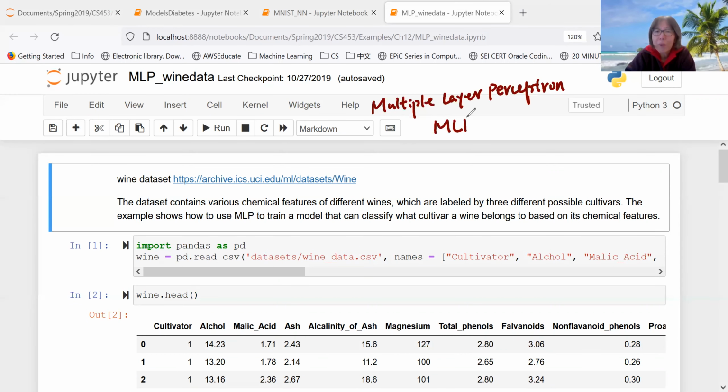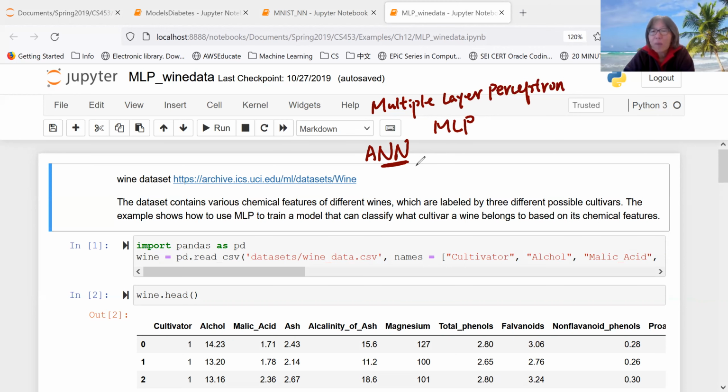So MLP, we may see this a lot, okay? And basically it's artificial neural network. So neural network in machine learning, we always hear this, etc. So the concept behind it.